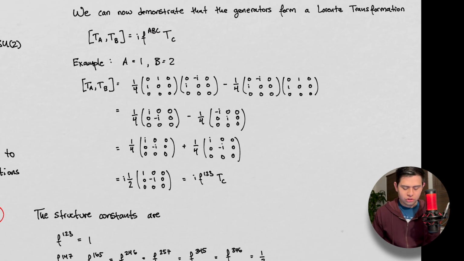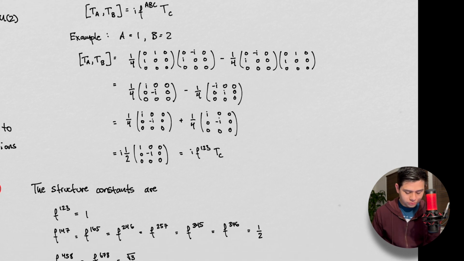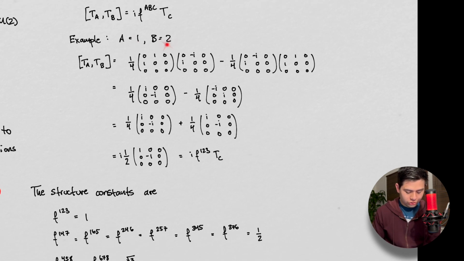We're just going to do an example here. So let's take A equals 1 and B equals 2. So T_A, T_B, so these guys are going to be 1 and 2. This is 1, and this is 2, this is 2, and this is 1. This is that commutation relationship.